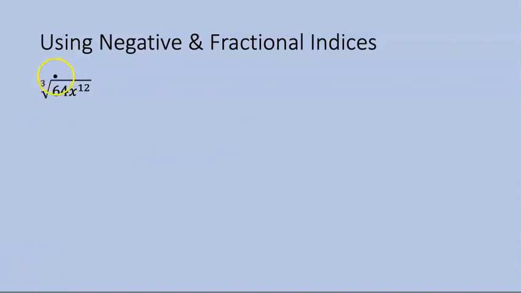Now what happens if we've got 64x to the 12 and we need to take the cube root of it? Well, what we're going to do is take the cube root of the 64 and then the cube root of x to the 12. The cube root of 64 is 4, because 4 times 4 times 4 is 64.